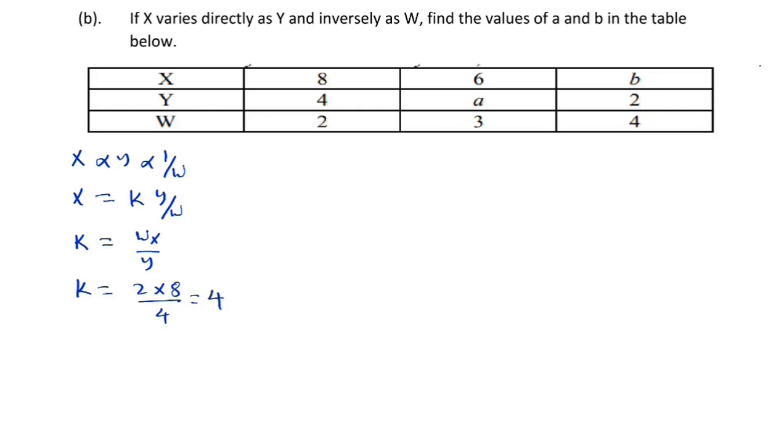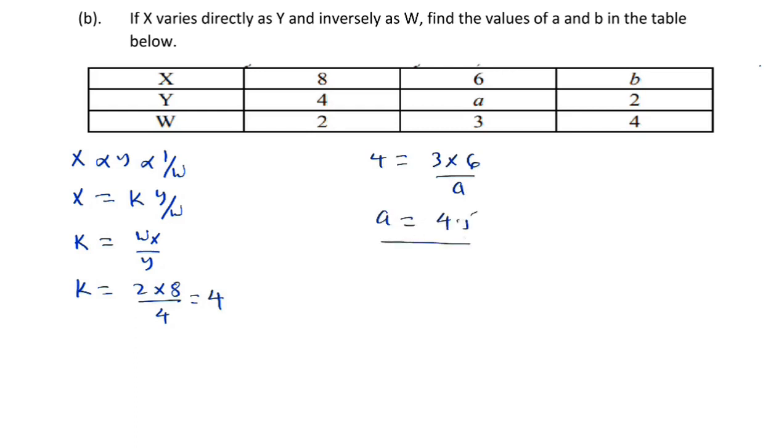Next, to find a, let us substitute x equals 6, y equals a, w equals 3 from the table, and k equals 4. Then we have 4 equals 3 times 6 over a. Calculating the value of a, we have a equals 4.5.